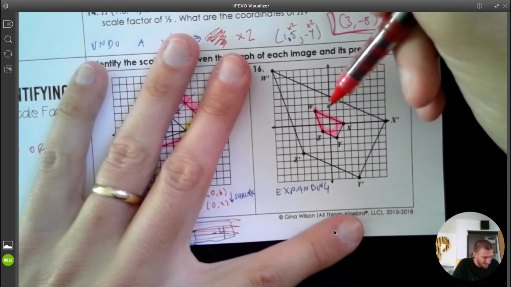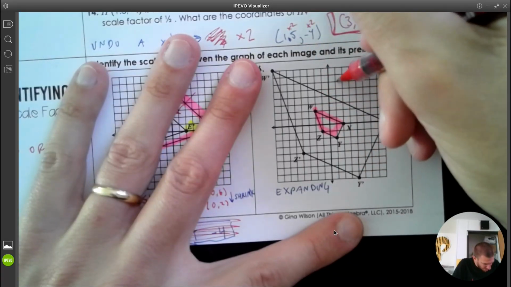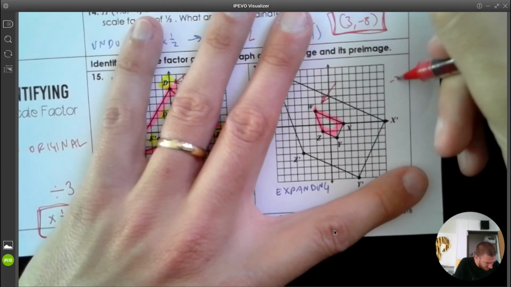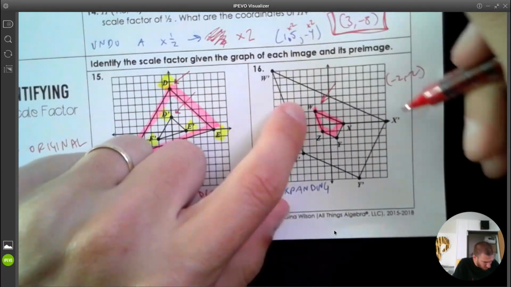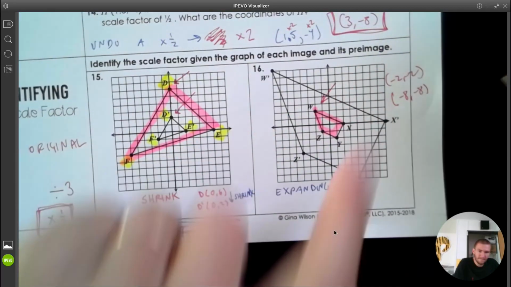This is a clear expanding question, and so the W here has a value of -2, -2. The W prime has a value of -8, -8.